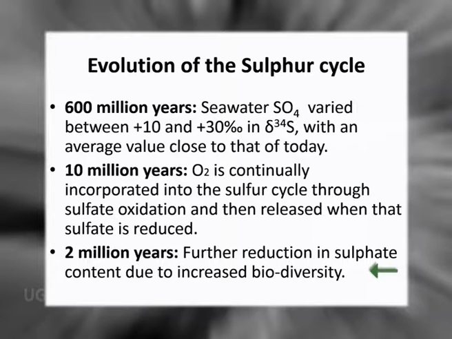And ultimately, in the present day cycle, that is 2 million years ago, there was further reduction of this sulfate, which is getting incorporated into the living organism, which coincides with the biodiversity of the living world. Clear?